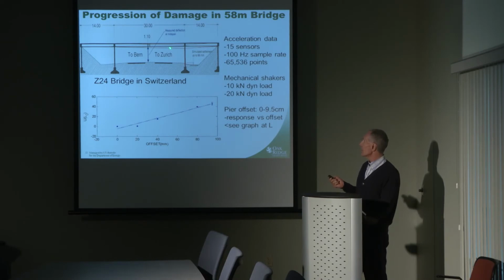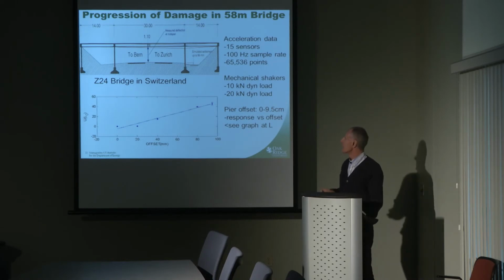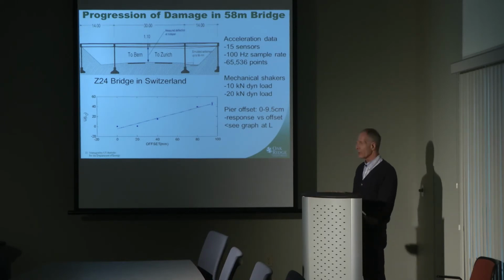In particular, the red here indicates that this pier was elevated in increments of 20 millimeters: no elevation, 20 millimeter elevation, 40 millimeter, 80, and 90. Then they applied a thumper to the bridge, and the bridge did this in response. The question was, could I, from that response data, that acceleration data, see the change in this pier offset?